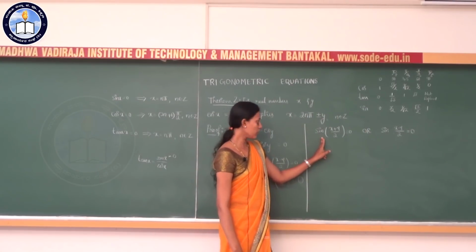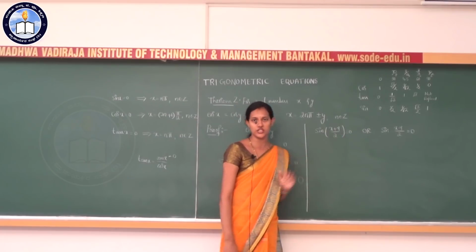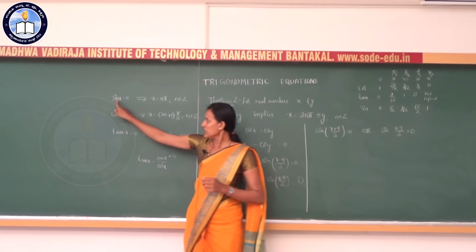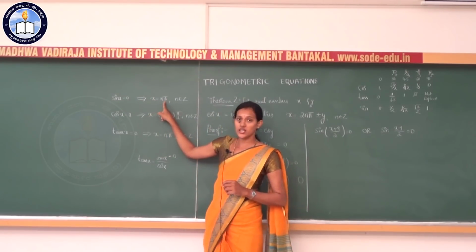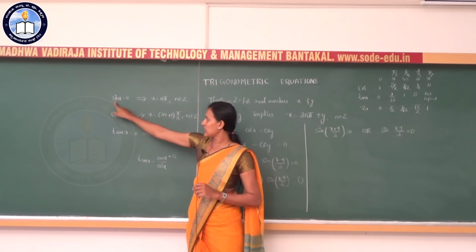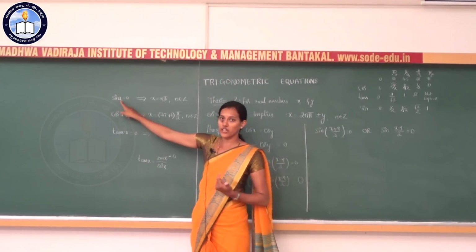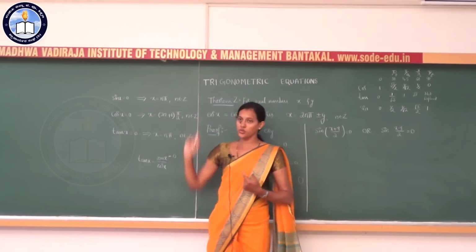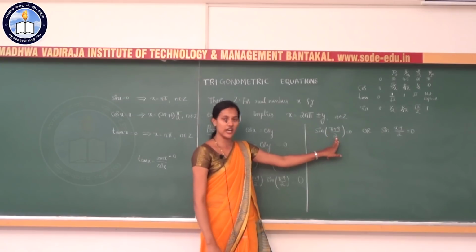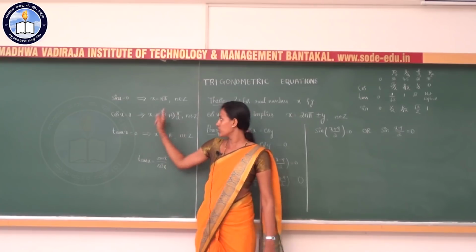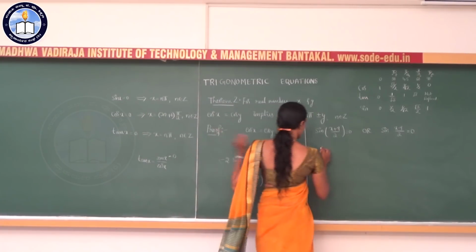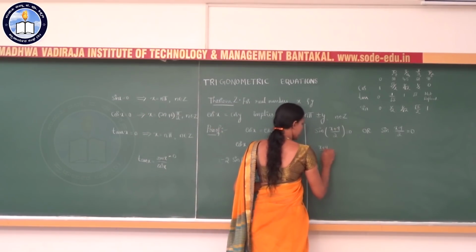So here sine of (x plus y) by 2 is equal to 0. We have sin x is equal to 0 implies x is n into pi. Sine of the angle is 0 whenever the angle is n into pi. So here in place of the angle x we have (x plus y) by 2.